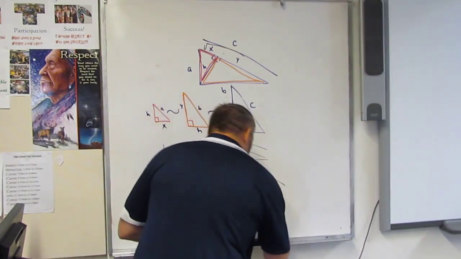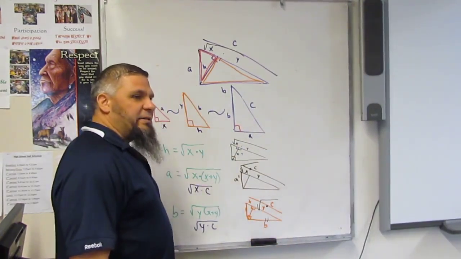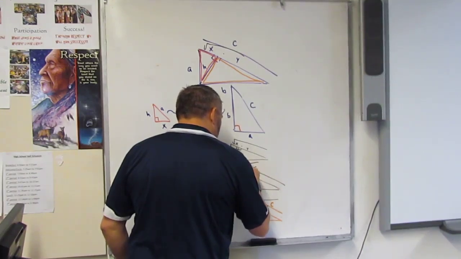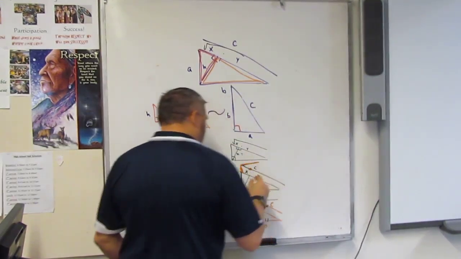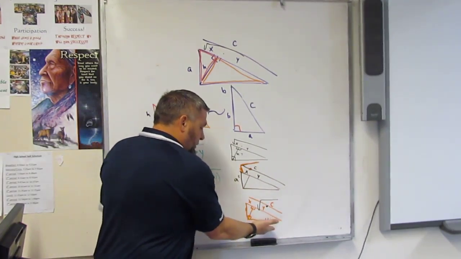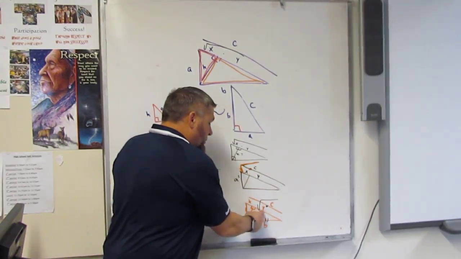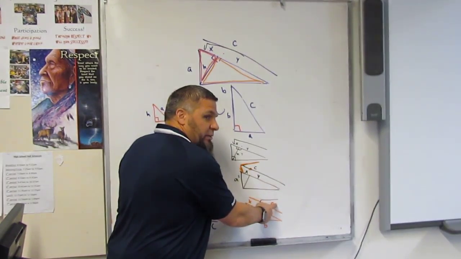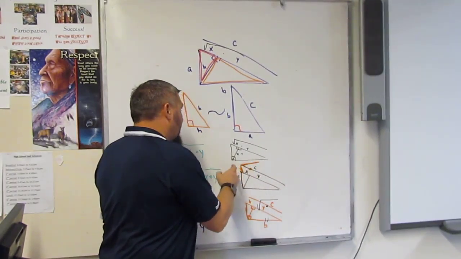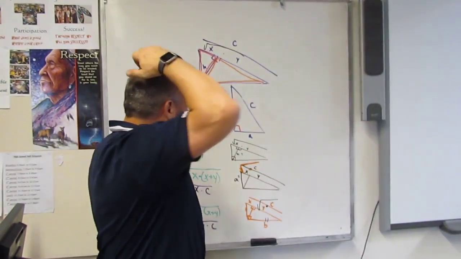But basically, B is equal to the square root of y times c. Here it was the square root of x times c. And so, if you're talking about the right side, it's equal to the right times the middle. And so that's kind of the way I like to pronounce it.